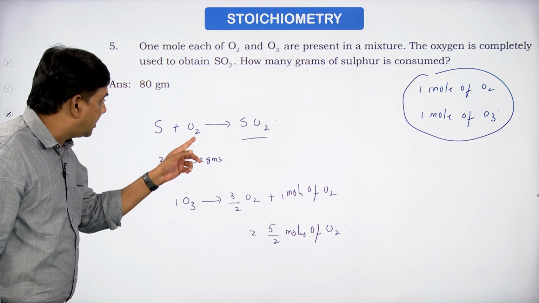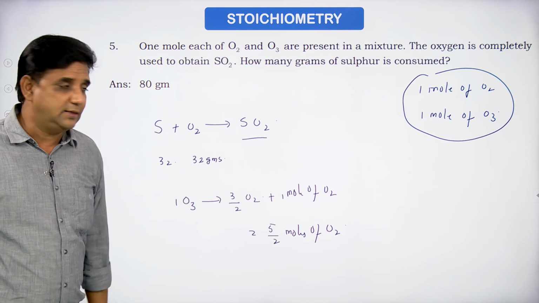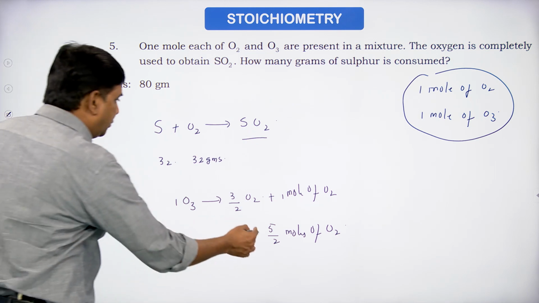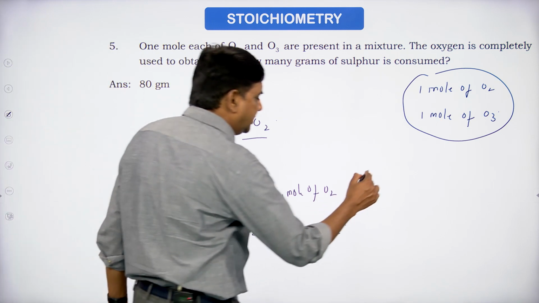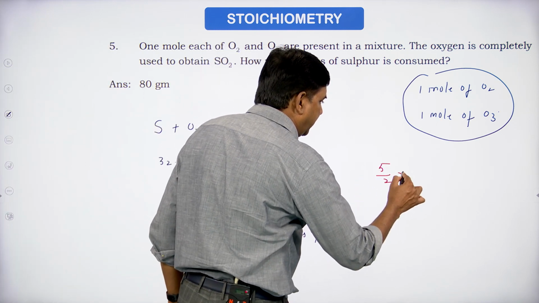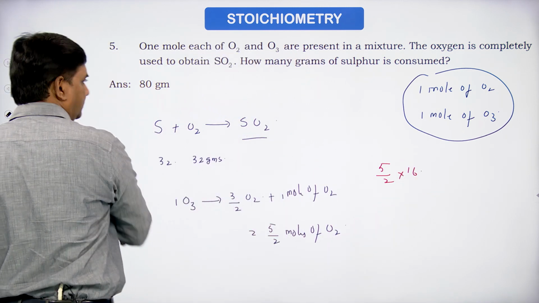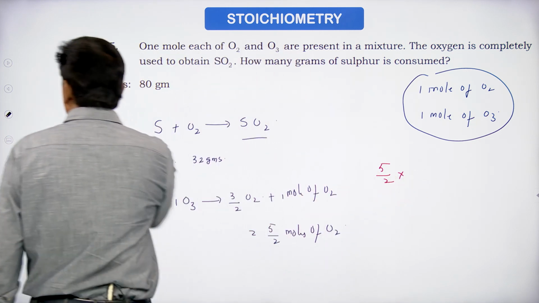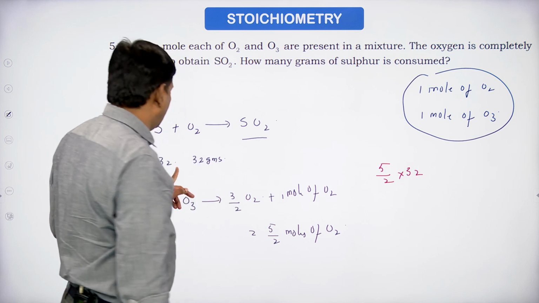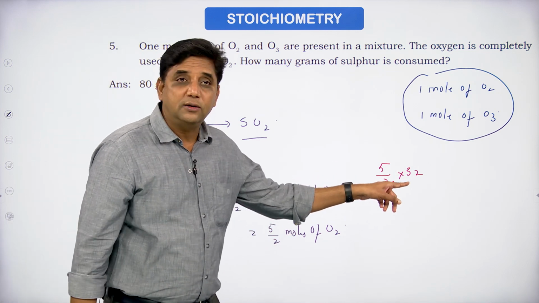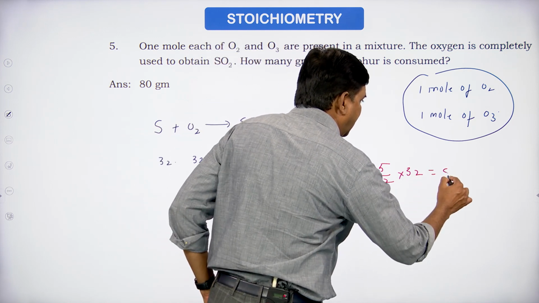Now, according to stoichiometry, 32 grams of sulfur combines with 32 grams of oxygen to form sulfur dioxide. Now, students, 1 mole is equal to 32 grams, so 5/2 moles equals 5/2 into 32, which is equal to 80 grams.